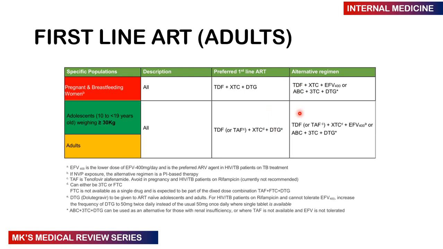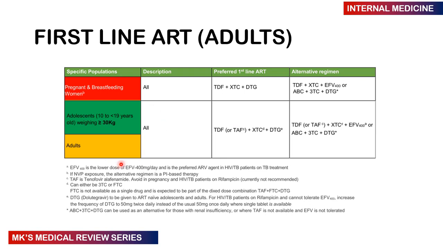Then, of course, our alternative regimen is going to be your TDF or TAF, depending on whether they have renal insufficiency or not, plus XTC or plus efavirenz 400, but this is not really a common combination that we usually use in adults. Or we could use an alternative that's ABC, 3TC, and dolutegravir. So this is our preferred first line.